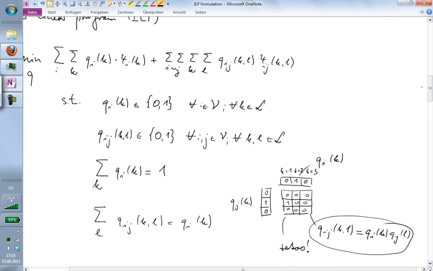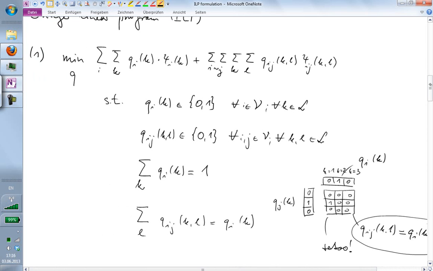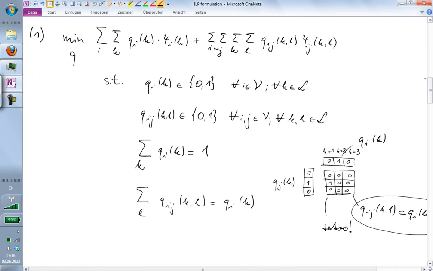And I want to end up with a formulation that is linear in the variables, both in the objective and in the constraints, simply because this is what defines an integer linear program, and a huge amount of work has gone into the optimization of such integer linear programs. So we want to be able to use existing proofs, existing code, and so on. This is why I'm looking for an integer linear formulation.